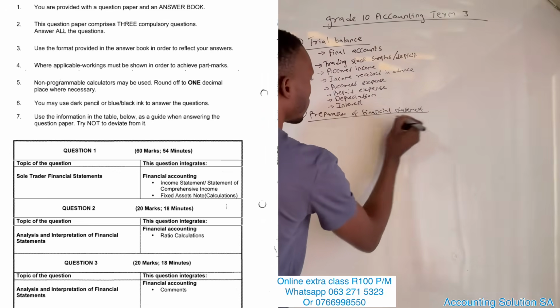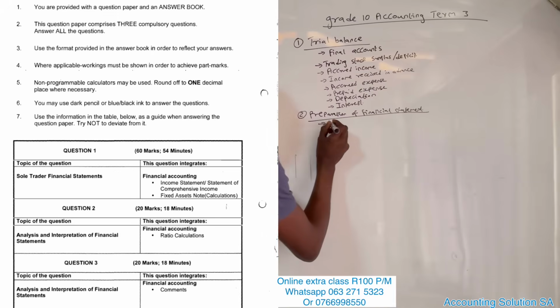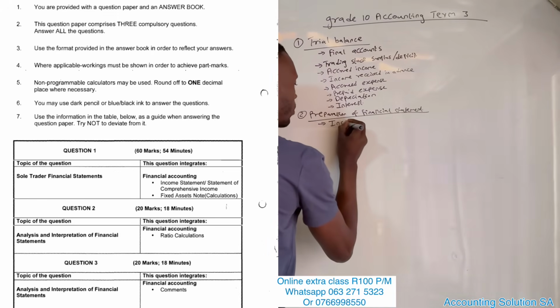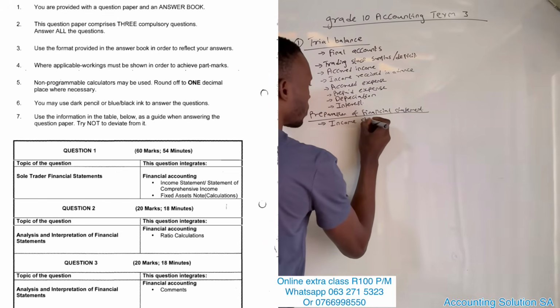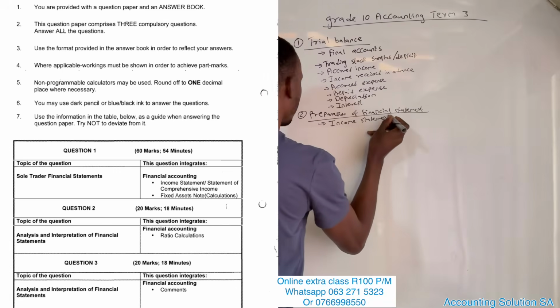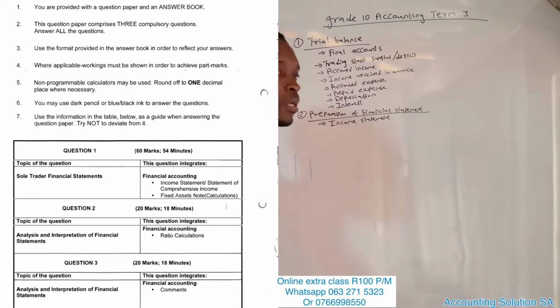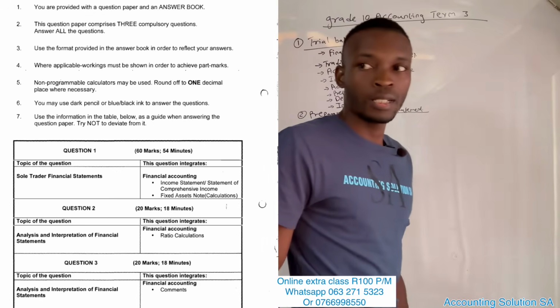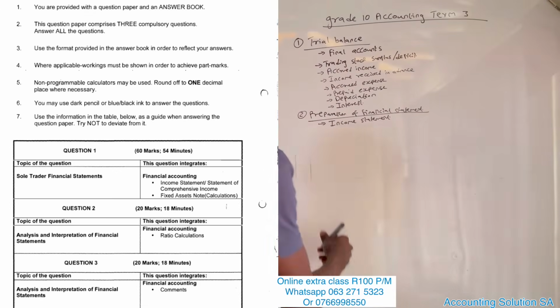Under preparation of financial statements, guys, number 1, you must be able to prepare an income statement. This kind of question, income statement, can contain 50 marks. 50 marks is a lot.